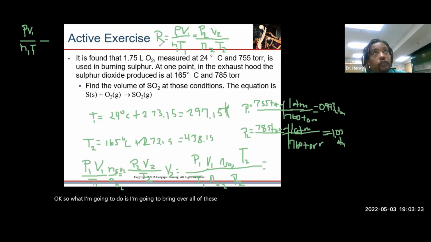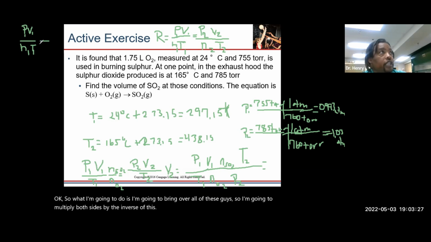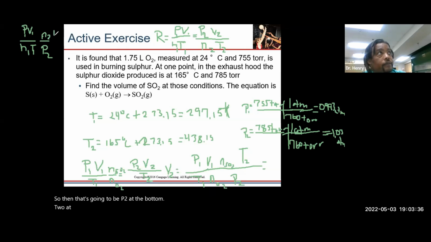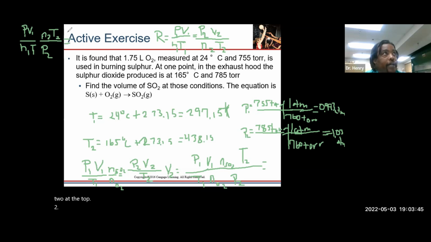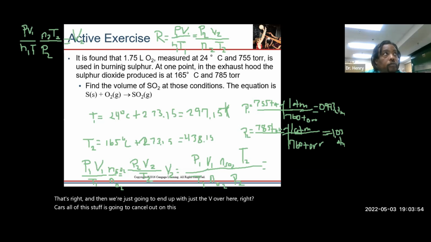So I'm going to multiply both sides by the inverse of this. So then that's going to be P2 at the bottom, N2 at the top, T2. And you wouldn't transfer the V because we're trying to find the volume. That's right. And then we're just going to end up with just the V over here, because all of this stuff is going to cancel out on this side.